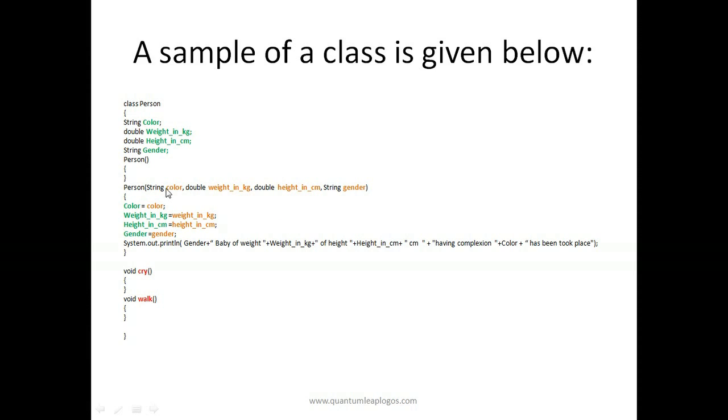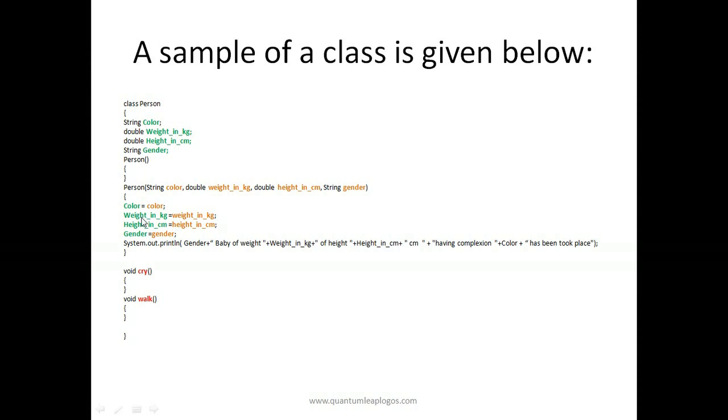If we haven't written any constructor, then the compiler creates one default constructor which has no parameters, like this Person. And this is the constructor which has parameters supplied.